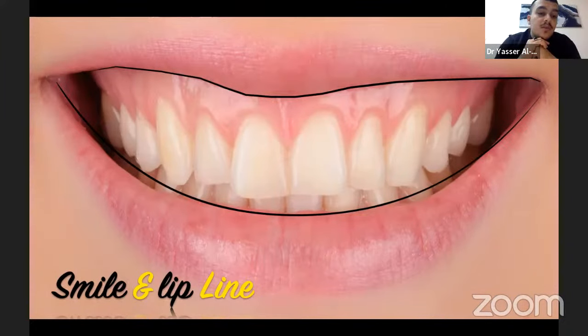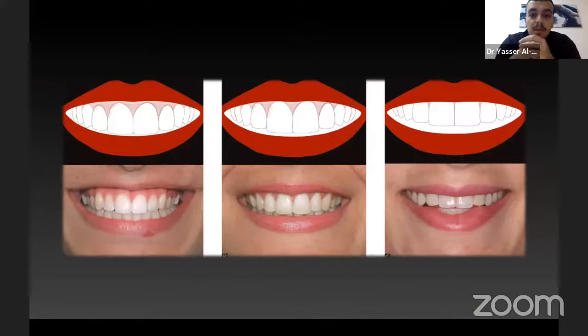The straight smile line means the centrals and other teeth are at the same level, not equal to the lower lip, like this. And the negative smile line means that the teeth posteriorly are taller than the teeth in the anterior area, which means they don't equal the lower lip.